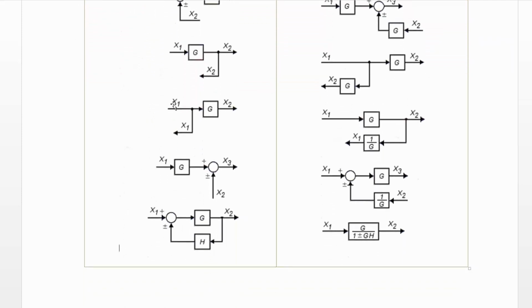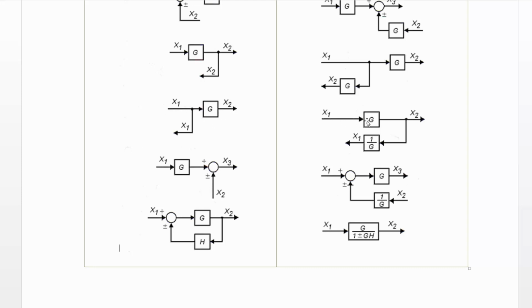Now here we have X1, and X1's feeding back, and we've got G, and we want to move this G inside here, say for a closed loop feedback. We want to do K times G, and move our G inside. All you've got to do is X1's going through G to get X2, and you've got X1 coming back.